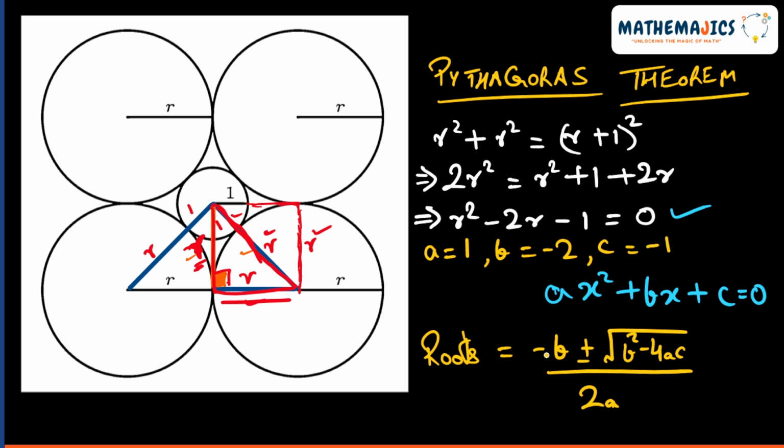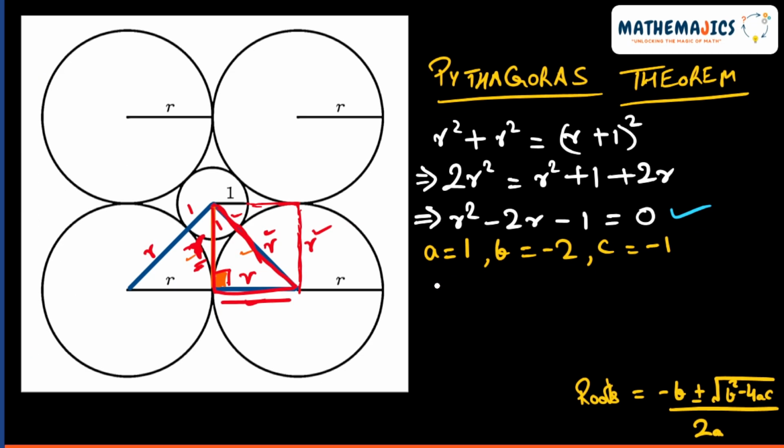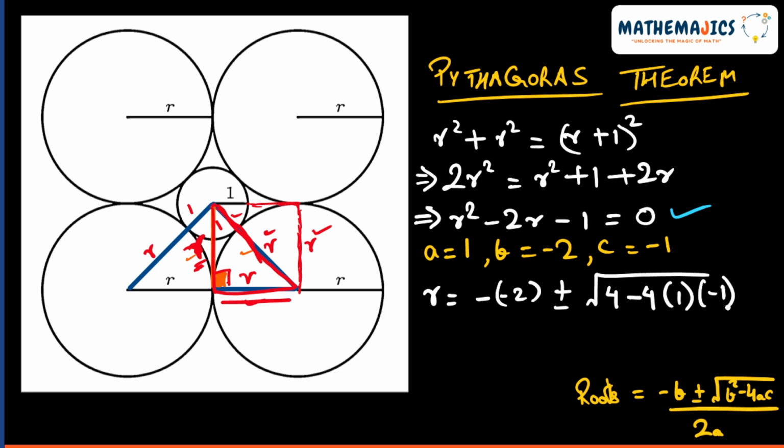Correct? Now we can use this formula to find our final answer. So r will be negative b, that means negative 2, plus minus the square root of b square, which is 4, minus 4ac. a is 1, c is negative 1, upon 2a, 2 times 1.